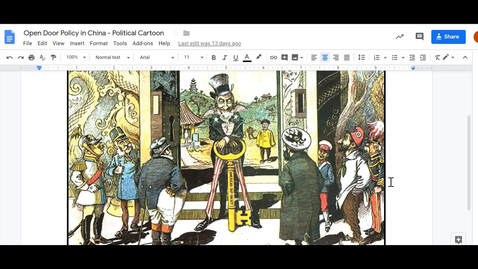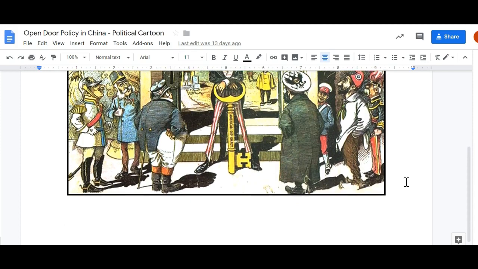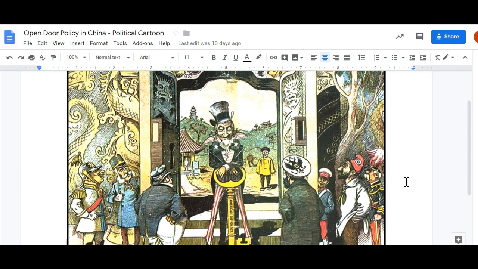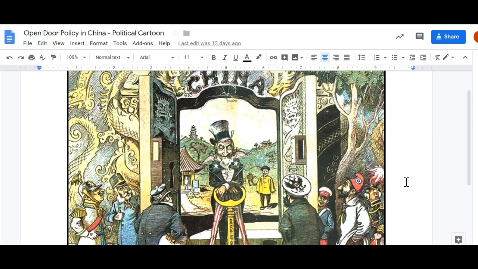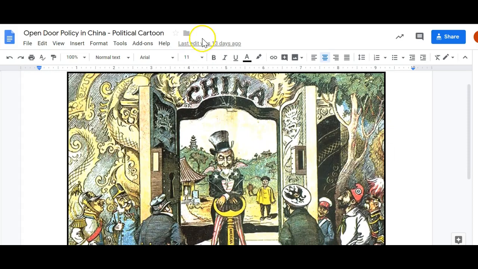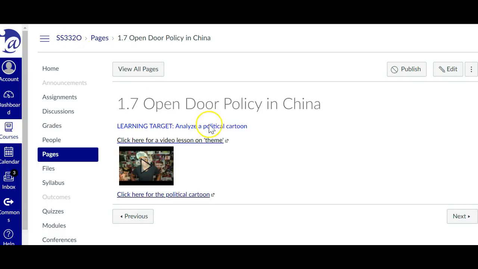All of these things add up to the message, the meaning of the cartoon. Okay, so always spend a little bit of time studying the cartoon detail by detail. Now I'm going to go back to our pages here and click next.